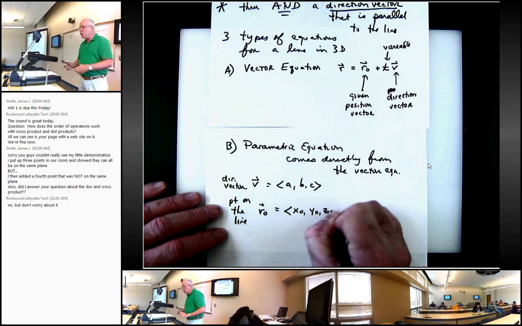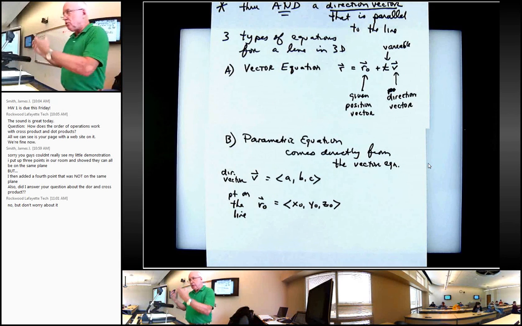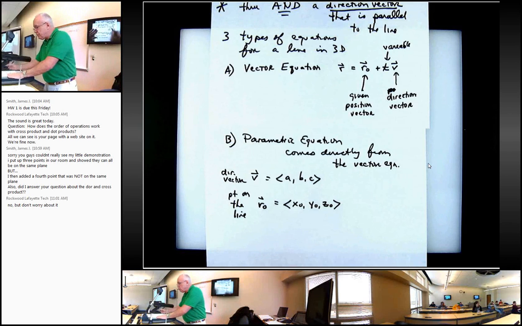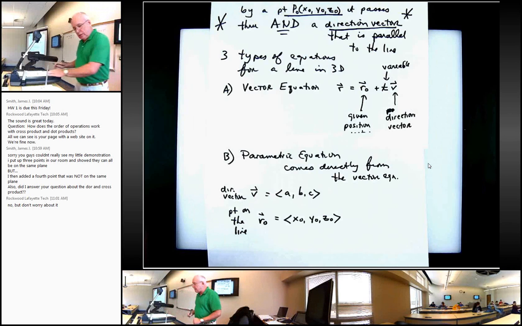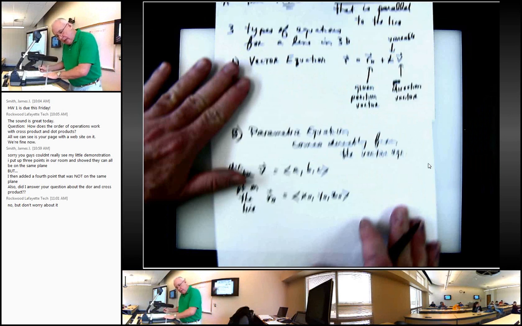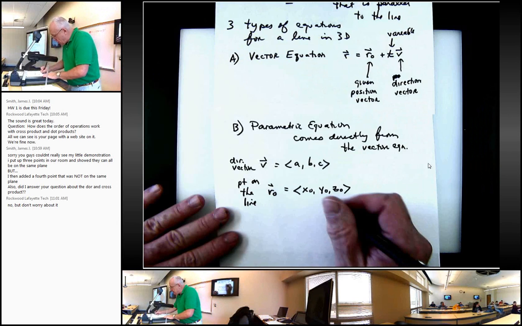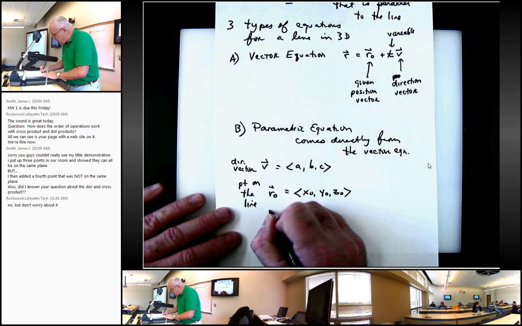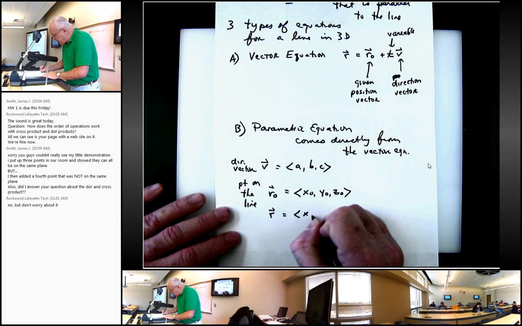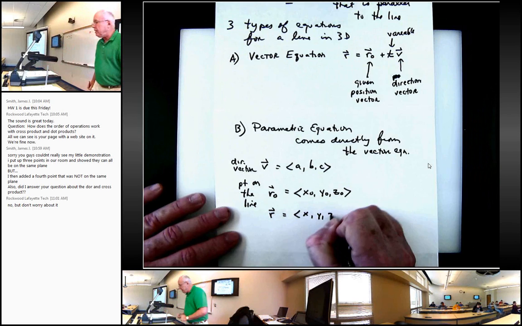So all I'm doing now is giving individual components to this vector equation that I wrote up above. And let's say that our r in general has the variables x, y, and z.